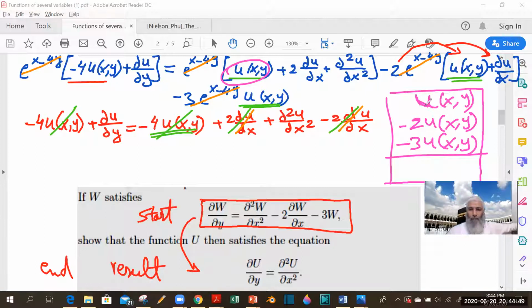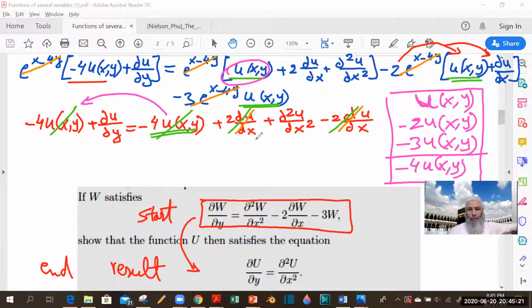Okay. Yes. So the result is -4u of xy, which is this. And now if we take this with this, we will cancel out, because if we take this, -4 is here. So this will be -4 plus 4, this is 0. Okay? Yes. So this and this will cancel out. And this plus 2 with this minus 2 will cancel out.